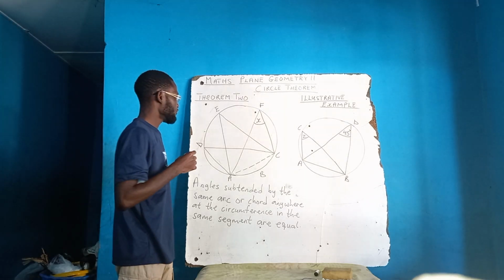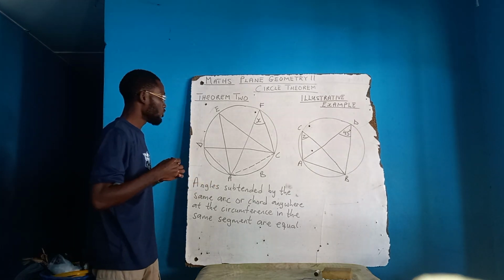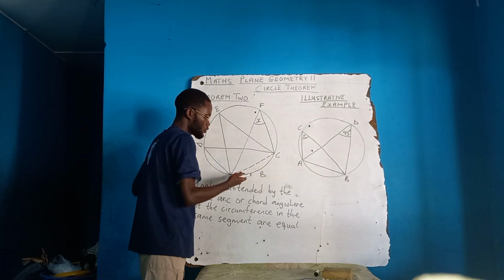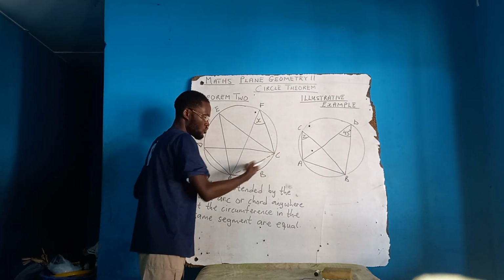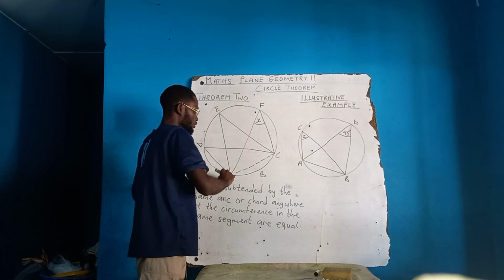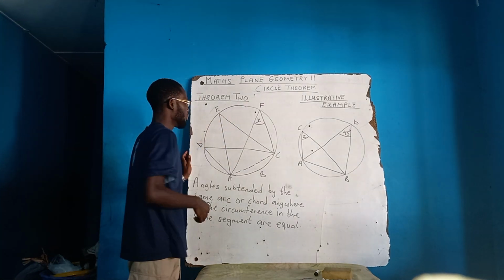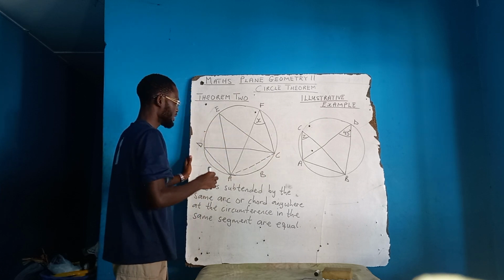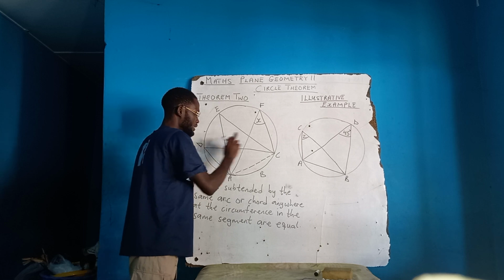As far as this theorem 2 is concerned, and as long as we have the same chord, angle AFC must be equal to angle AEC and subsequently angle ADC.